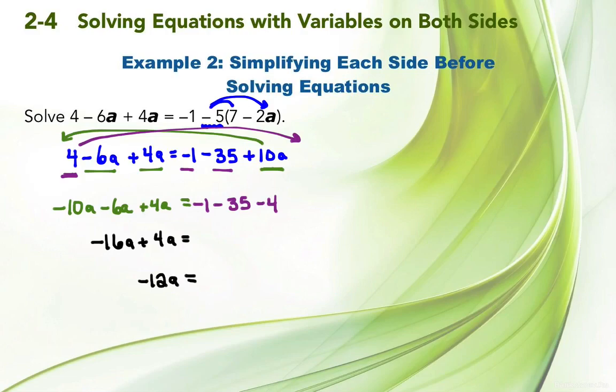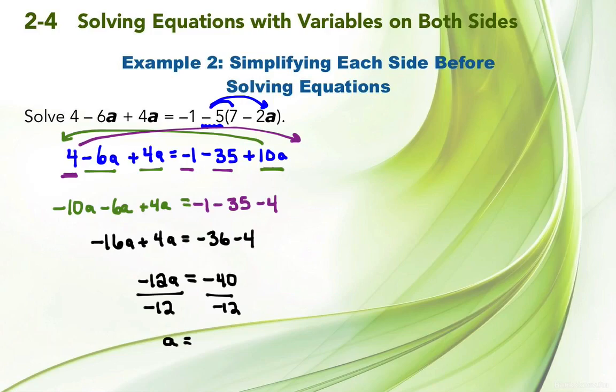Now over here, negative 1 and negative 35, that's going to be a negative 36 minus 4. This is going to be negative 36 minus 4, so that's going to be negative 40. Now I'll just divide both sides by negative 12, negative 12.